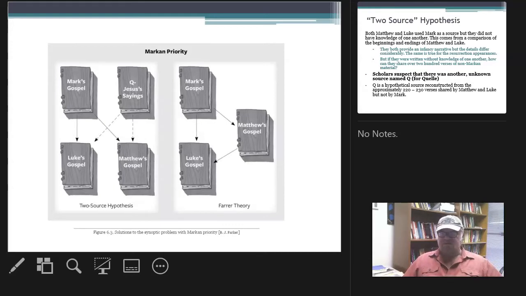Then the other theory is that there was Mark's gospel and also another document that has been lost that they called Q, Sayings of Jesus, and both of these two documents served as the sources for Luke and Matthew. The reason for this is that there's material that appears in Luke that does not appear in Mark, and some material that does not appear in Matthew. So where did it come from?